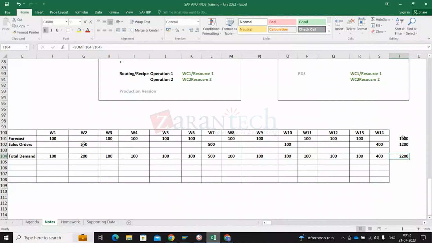What it means is, whenever the sales order arrives, it may not be exactly equal to the forecast of that week. So you first consume the forecast by the sales order of that week. If the sales order is still higher, you go in the backward direction and consume the forecast. Then you go in the forward direction and consume the forecast. Or you only go in the backward direction, or you only go in the forward direction. So this is the case of backward forward consumption.